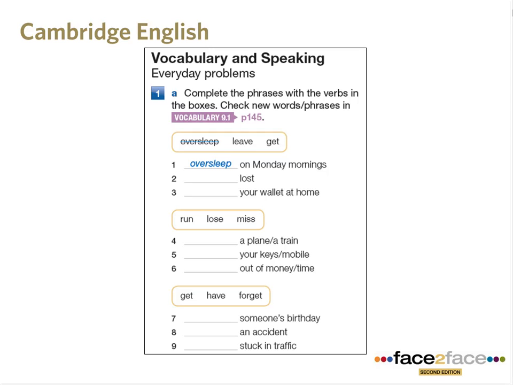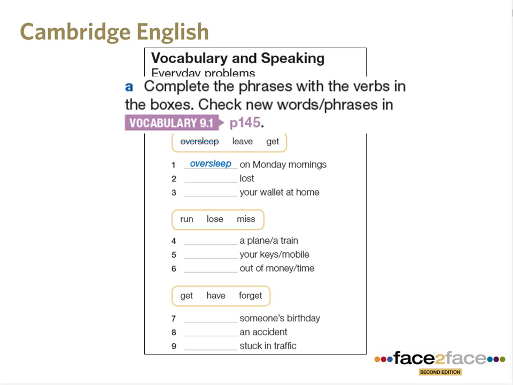Get lost, miss a plane, lose your keys, etc. So in this case, students are probably going to know most of the individual words, but it's the collocation they don't know. So for this type of language, we use a matching activity as a good way to test what students know.